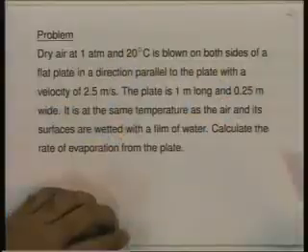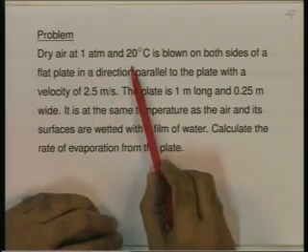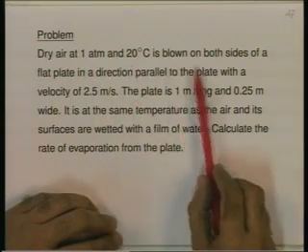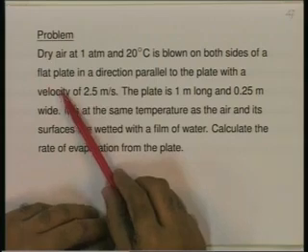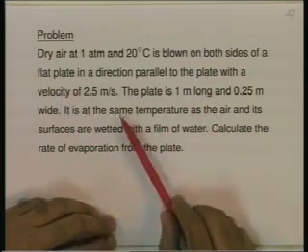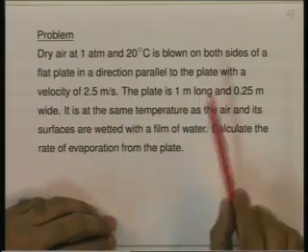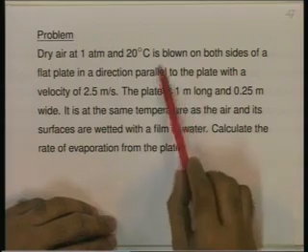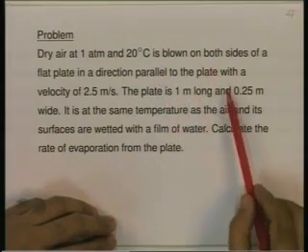The first problem reads like this: dry air at 1 atmosphere and 20 degrees C is blown on both sides of a flat plate in a direction parallel to the plate. So, this is a boundary layer on a flat plate, both sides. So, we have either side active.